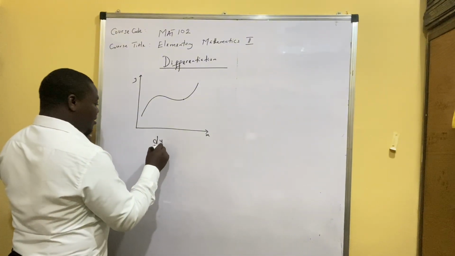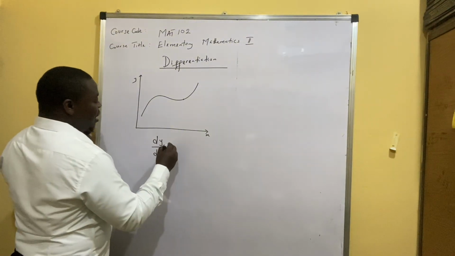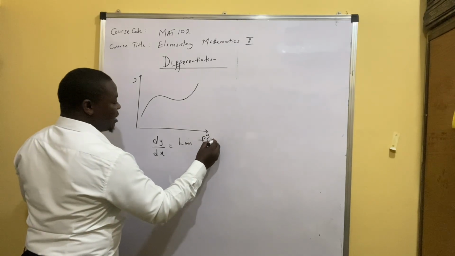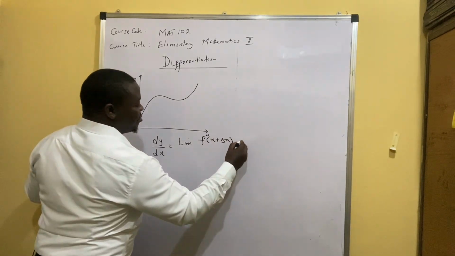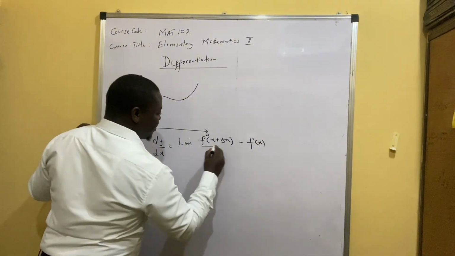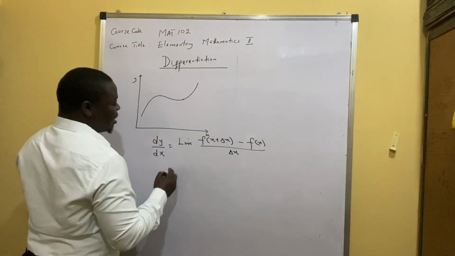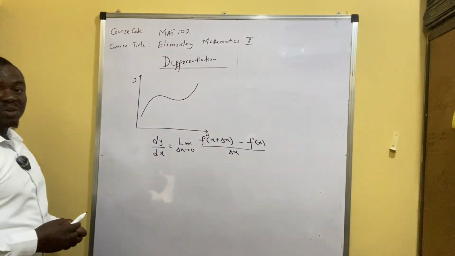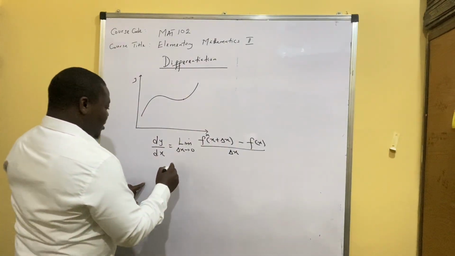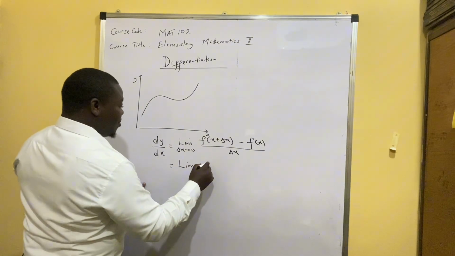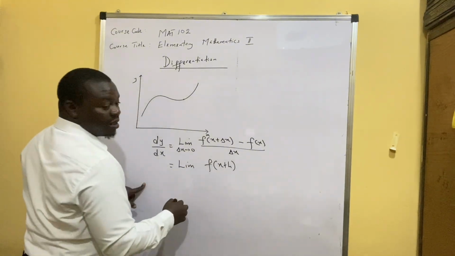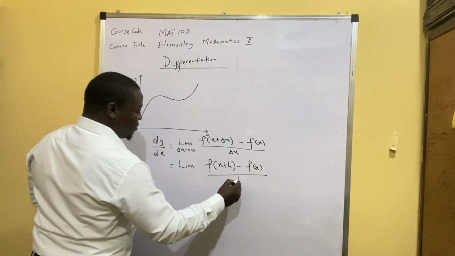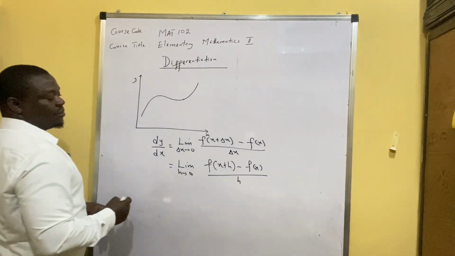We define dy/dx as the limit of f of x plus change in x, minus f of x, divided by change in x, as change in x tends to 0. Some people prefer to use h instead of change in x. They write it this way: the limit of f of x plus h, representing that change in x, minus f of x, over h, as h tends to 0.